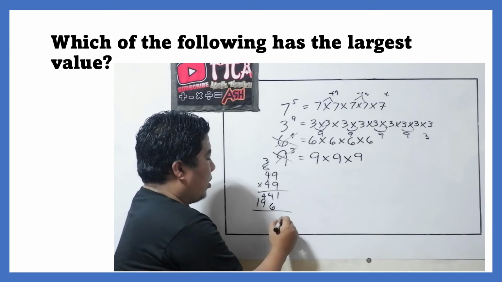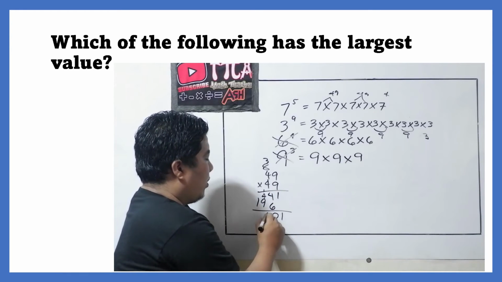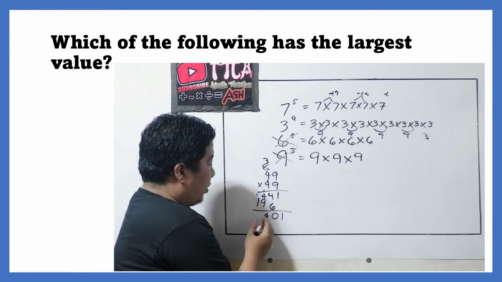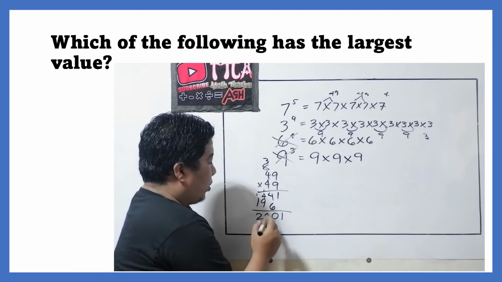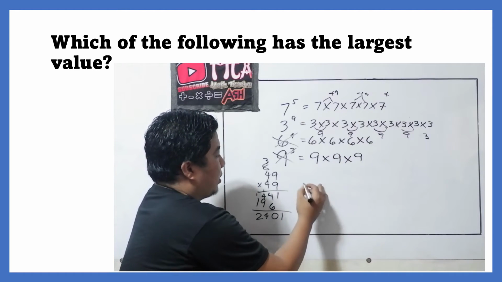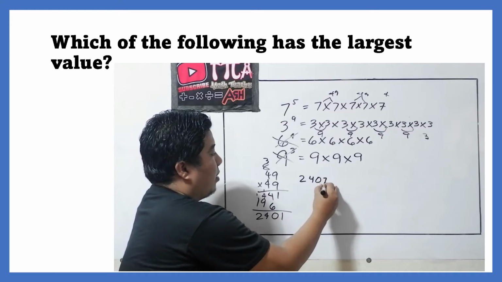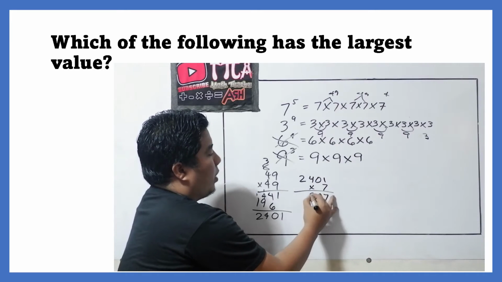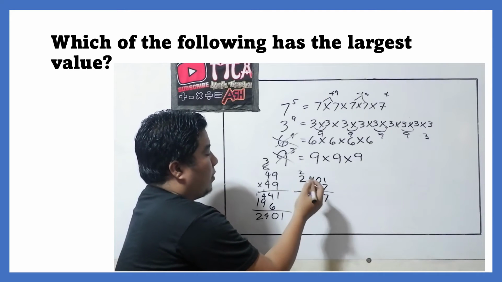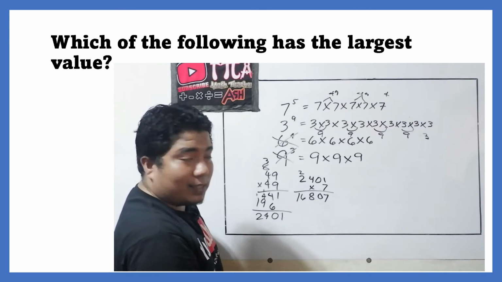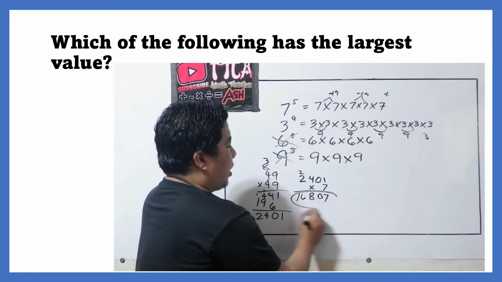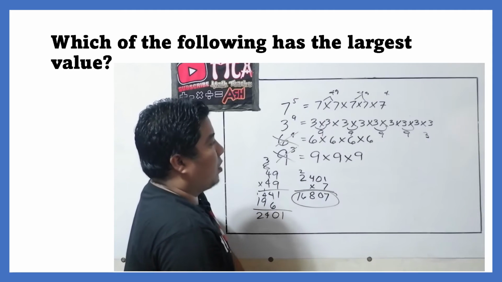So we carry, and this is 2,401 times the last 7 there. So we have 7, 0, 28, 14, 15, 16. So 16,807. Okay. So this is our value for the 7 to the 5th power.